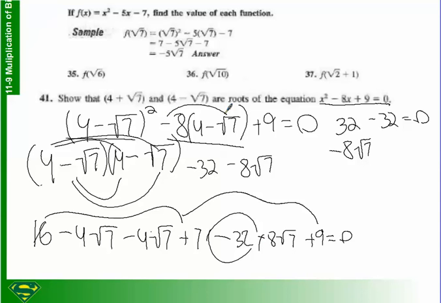So that's a plus instead of a subtraction sign. So plus 8 root 7, and that is going to give you 0. Also showing that 4 minus the square root of 7 is equal to 0. 0 plus 0 is equal to 0.